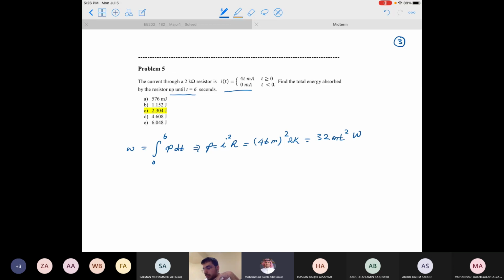So this is the power. All I need to do is integrate it from 0 to 6, 32 milli t squared dt. And if I do the integration here, I will end up with 2.3042.